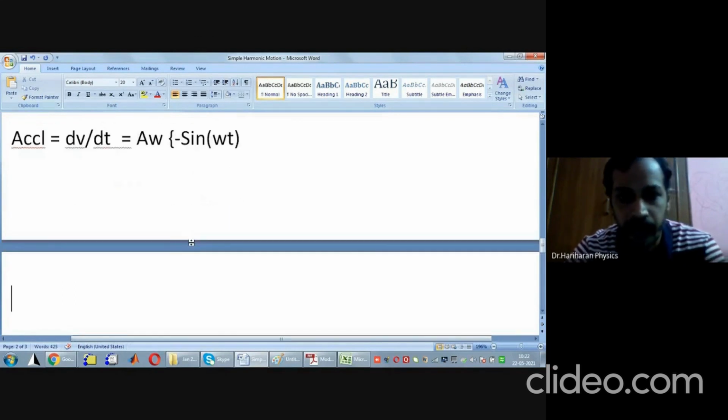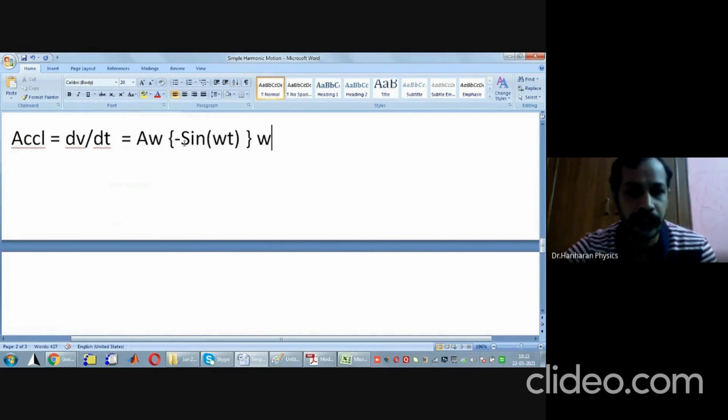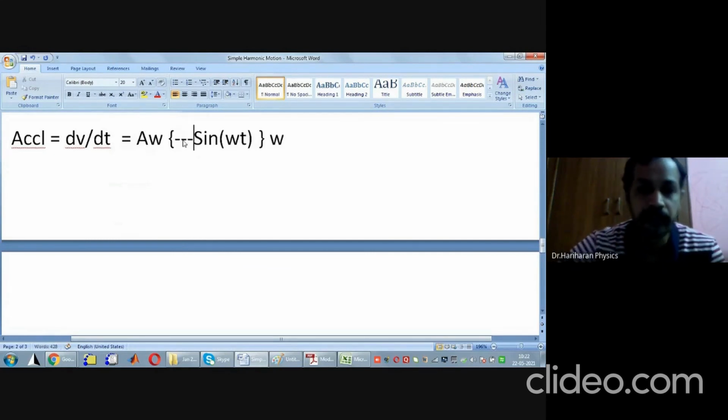Omega. Therefore, we'll get omega coming outside. Can you see here? I have minus here. So what is A omega into omega? A omega square. What is A omega square into minus 1? It is minus A omega square.